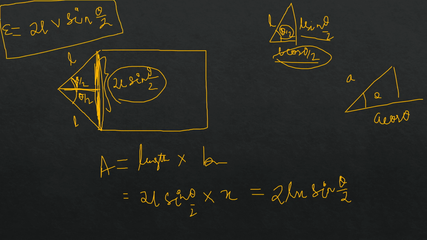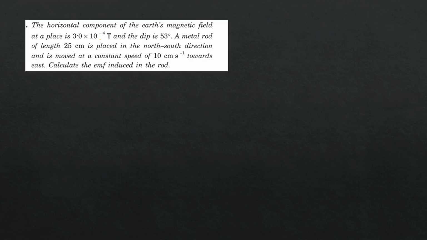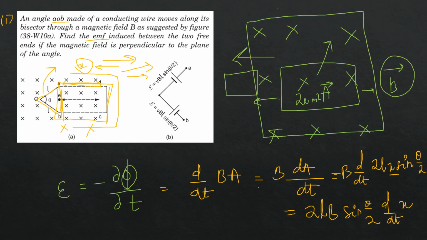Just see how we approach the question. First we saw the diagram. Don't be scared after seeing the diagram that the question is this long. There are just these two diagrams, nothing else. It has even given you sine theta by 2. So don't be scared.